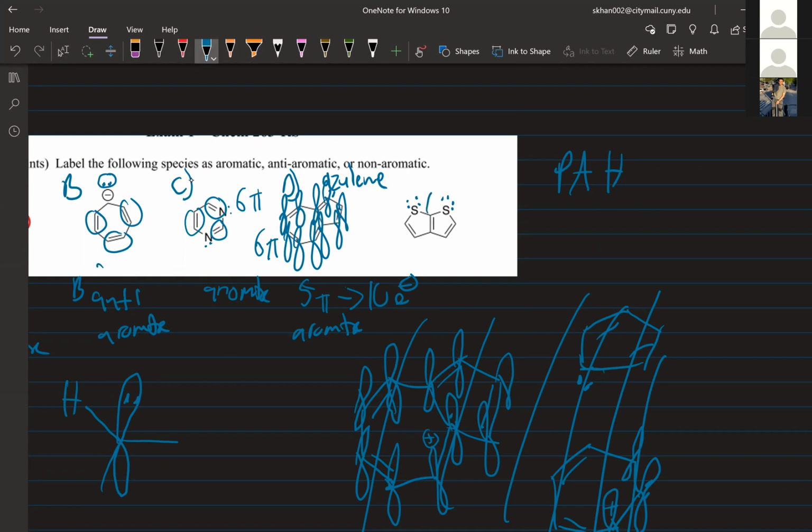You look at these p orbitals individually, and they all have 2 electrons on each side. This is a sulfur atom. Is it going to hybridize sp2 or sp3 for each ring? sp2, so one is a lone pair, and one is in a p orbital. If you look at each ring, it has 6 pi electrons.